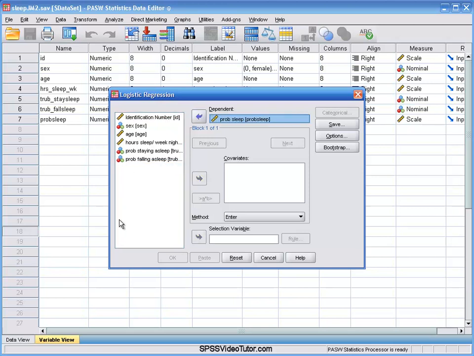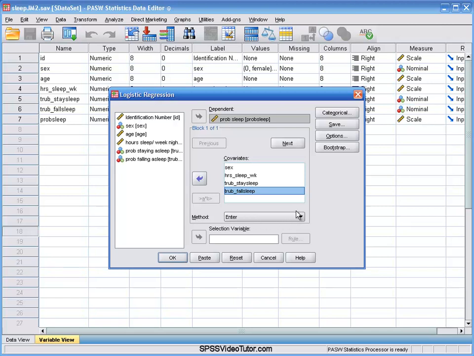Next we move our independent or predictor variables into the covariates box. So for this example, it's going to be sex, hours of sleep per weeknight, problem staying asleep, and problem falling asleep. Now, under method, we're going to make sure that this is enter.